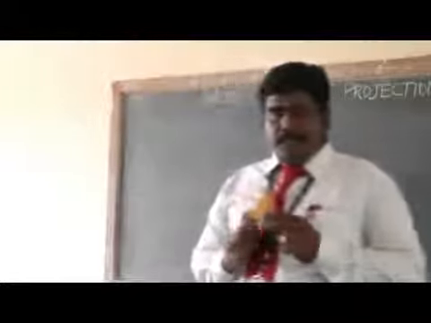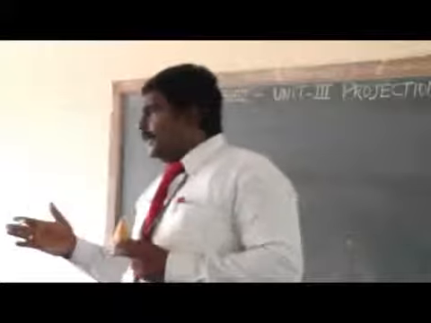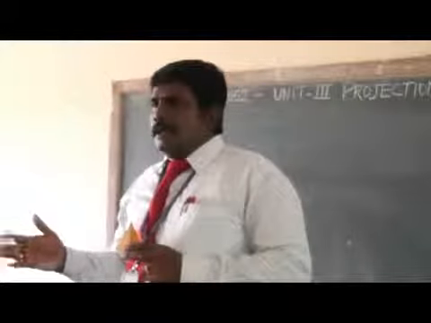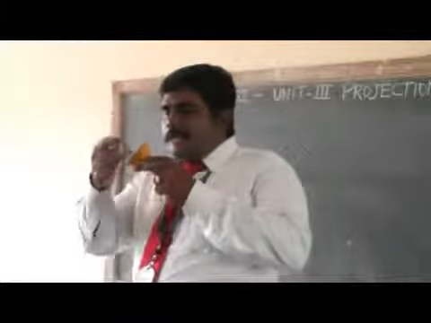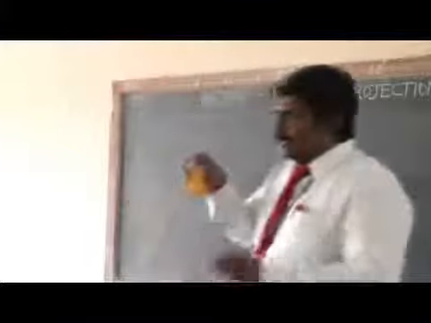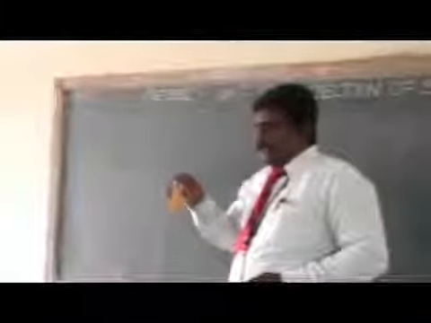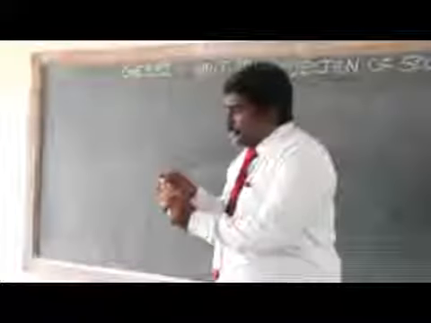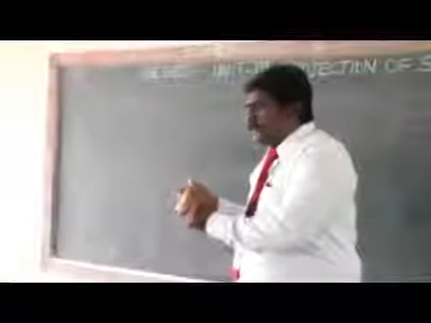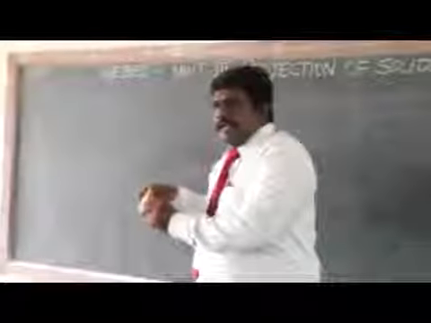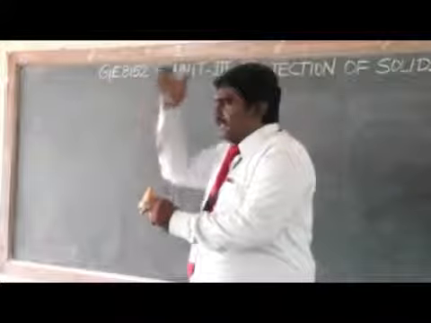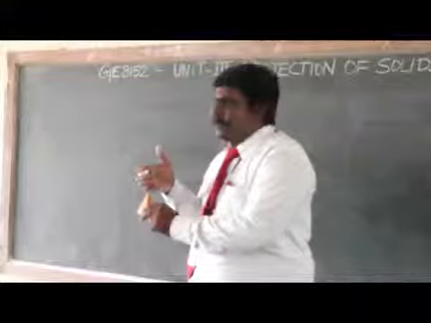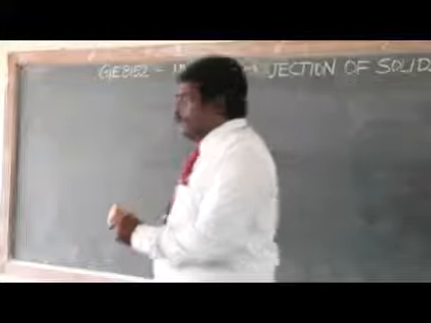And we are going to make one of the base edges inclined at 35 degree to VP. And this axis is going to be perpendicular to HP. That means what would be its position? It would be, in this position the axis is perpendicular to horizontal plane, whereas this edge is slightly inclined at 35 degree to VP. So this inclination can be observed only in the top view. Am I right? So we'll start with this.